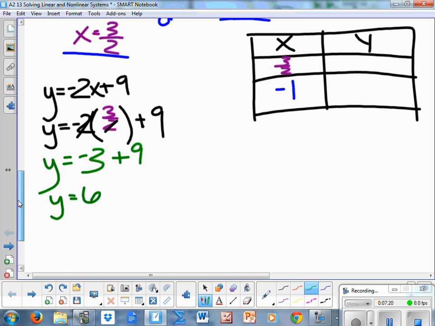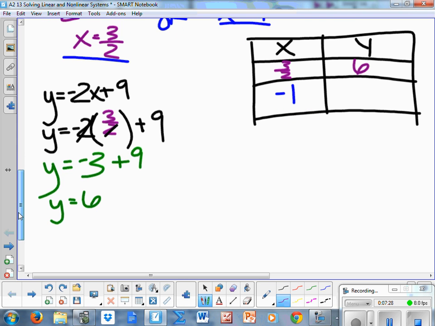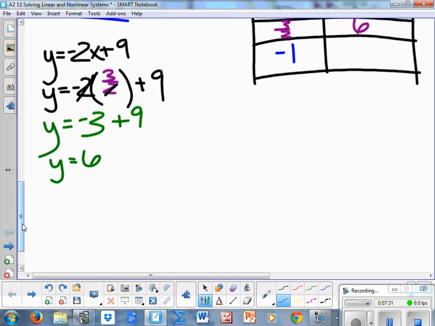Now I'm going to do the same thing. So y equals 6 when x equals 3/2. I'm going to organize it like that. Also, I've got to figure out what my y equals when x equals -1. So again, y equals -2x plus 9.